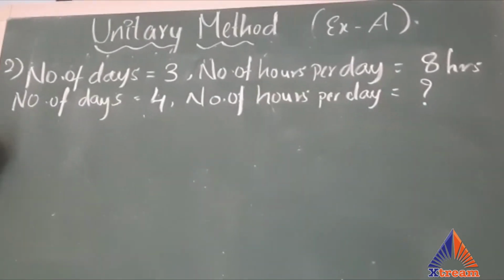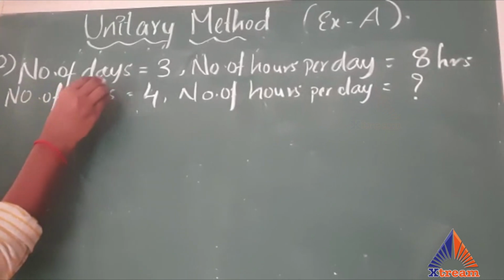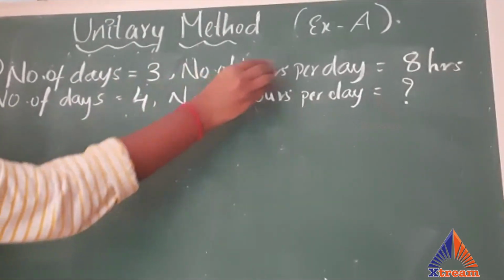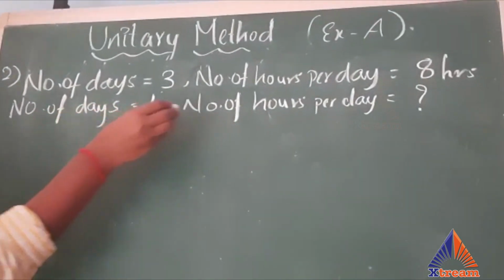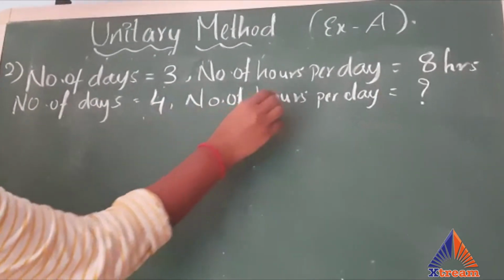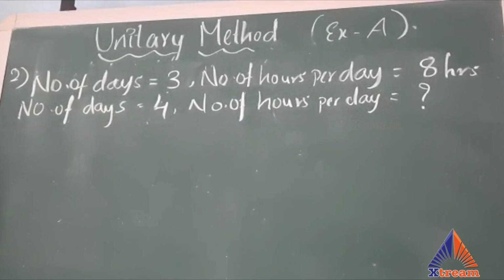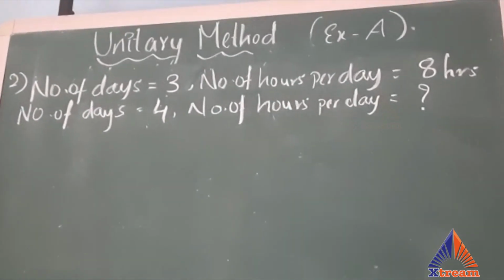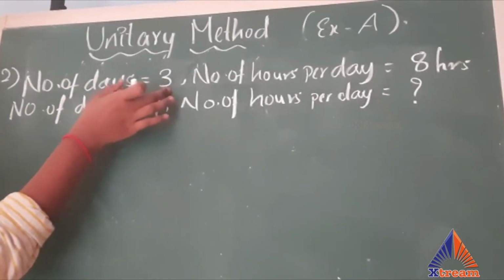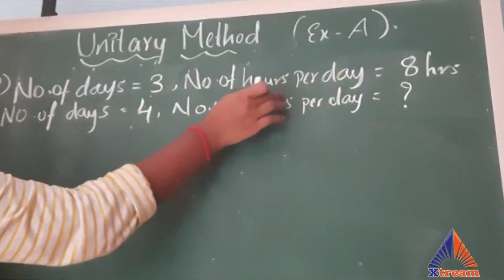So this is our second question. The number of days is 3 and the number of hours per day is 8 hours. And here the number of days is 4 and we should calculate the number of hours per day. The question is: a carpenter prepares a new chair in 3 days by working 8 hours per day.